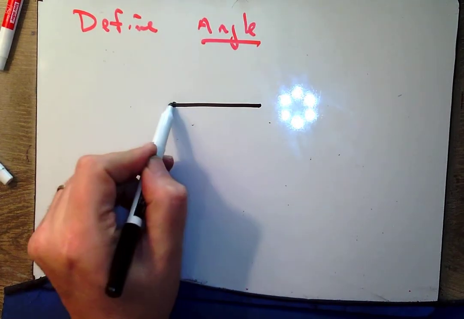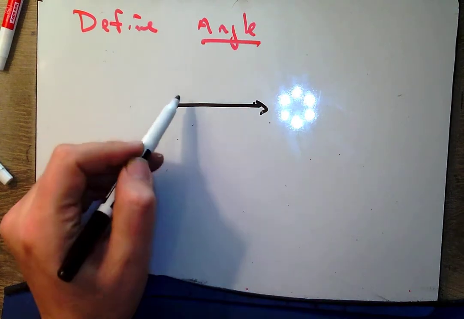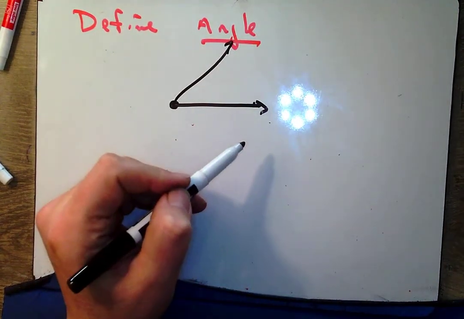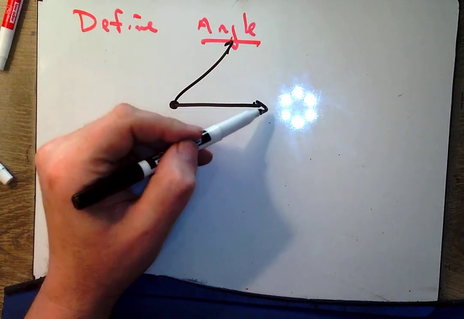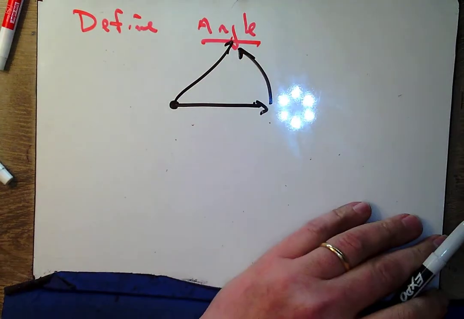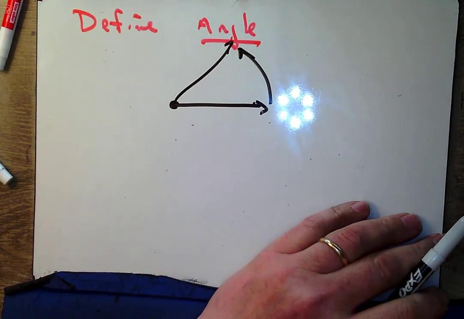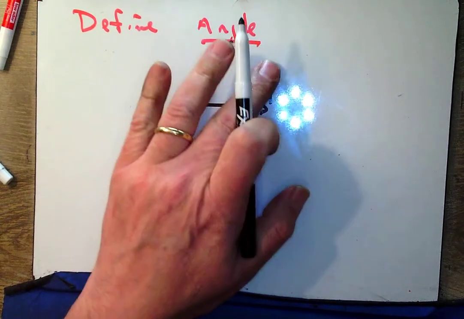Our definition from geometry was two rays and the amount of rotation between them. And that feels a little bit like, what?